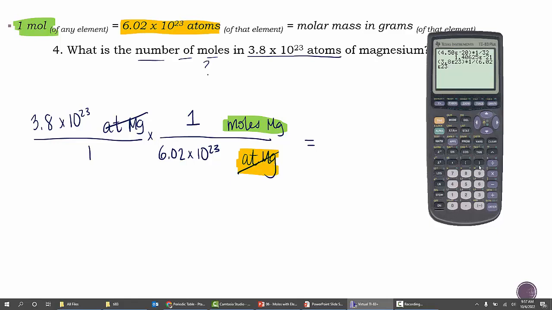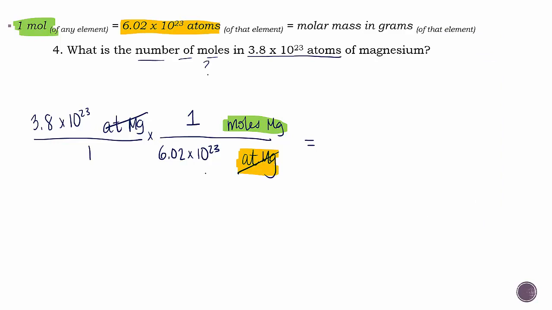Make sure that you're able to follow along with your actual calculator. You want to be able to do these calculations on your own. Pause the video if you need to. All right, so we get 0.63122. If we think about sig figs now, we see that we started with 2 sig figs. 0.6312 moles of magnesium is too many sig figs.